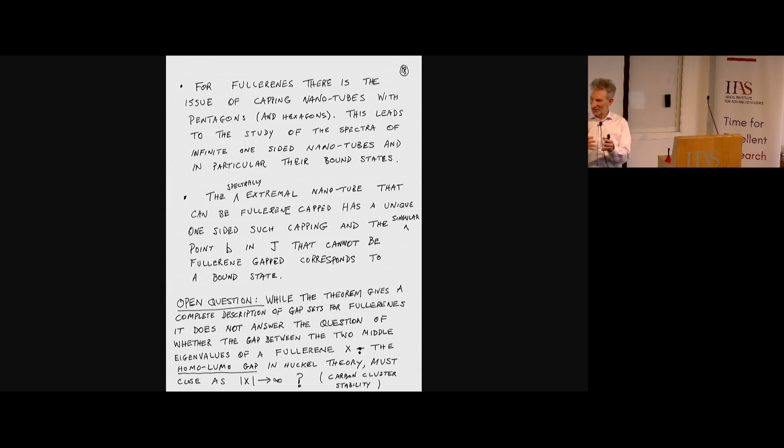We don't know how to answer that, because in these constructions the guys in the middle go to one side, and the gap between the middle and the next to middle goes to 0, but another gap is open. So in terms of minus 3, 3, exactly that interval with one point removed is the biggest interval you can ever gap with an infinite sequence of fullerenes, but we don't know about this middle gap.